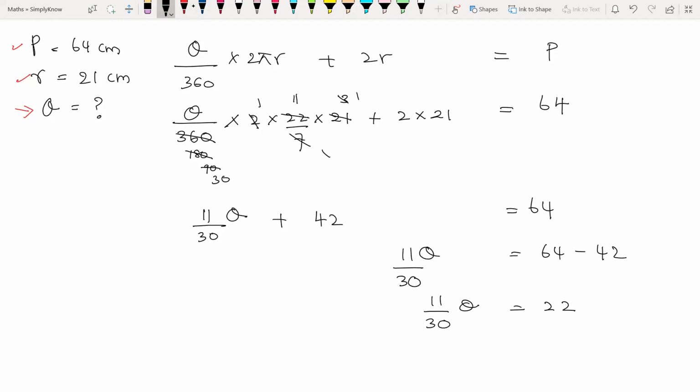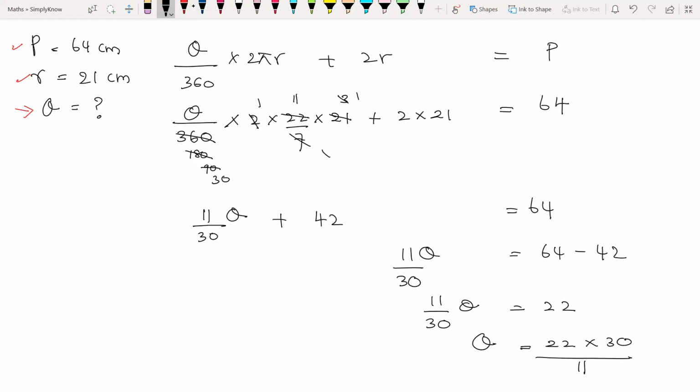Now I keep theta and send 11 over 30 to the other side. Here 30 is a division, so it will become a multiplication. 22 times 30 over 11 will become a division now, divided by 11.